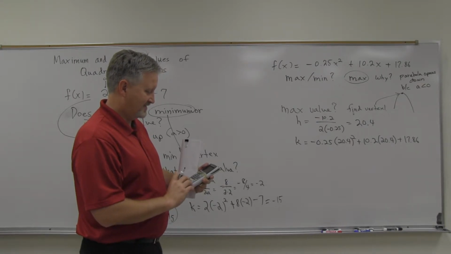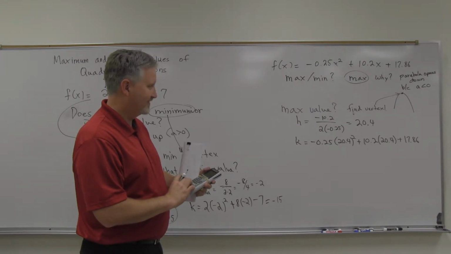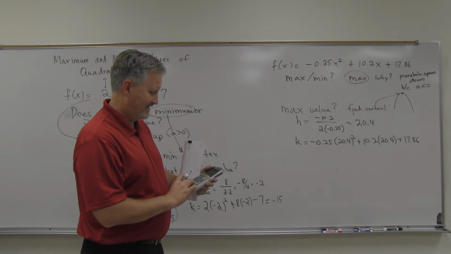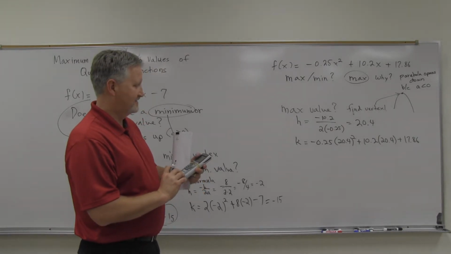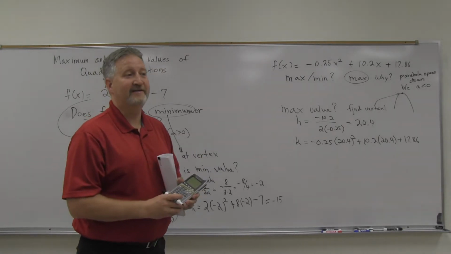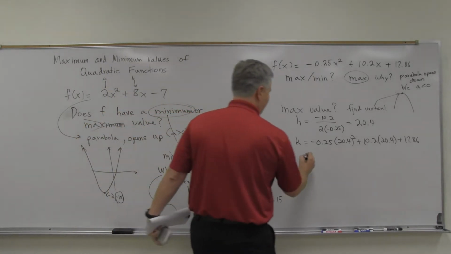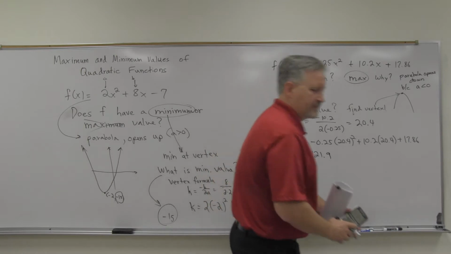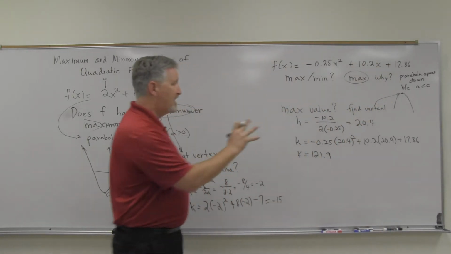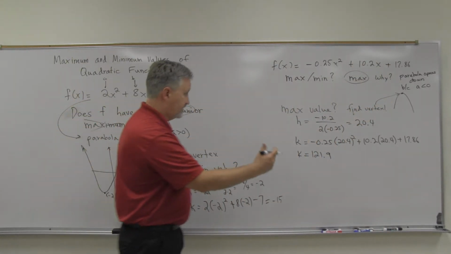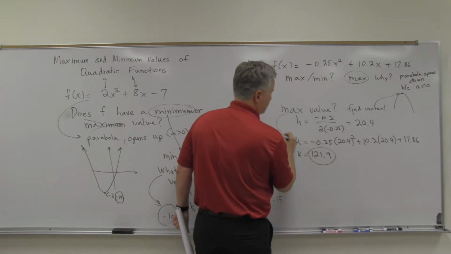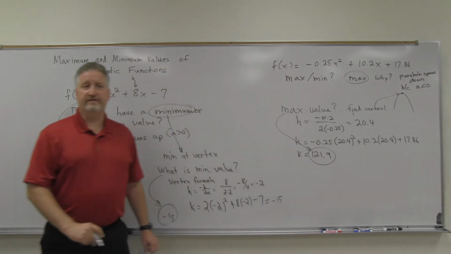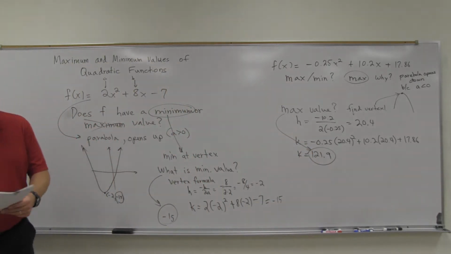Plug that in, see what we get. Lots of decimals. I get 121.9. Did you get it? Yep. So again, the maximum value is 121.9, okay? The k value of the vertex will be the maximum value, okay?